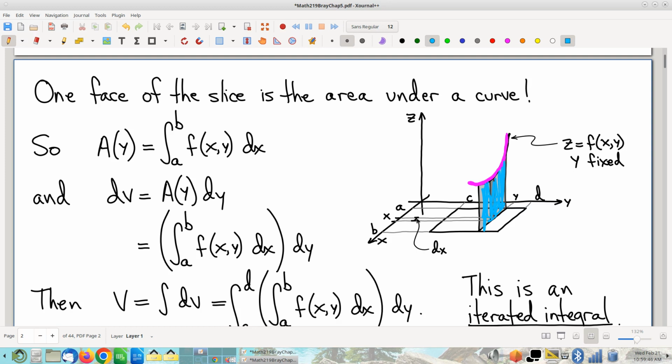Area under a curve. Now, wait a minute. We need for that curve to be a graph. Okay, so is this curve a graph? Well, in fact, yes, it is. This curve is a graph with the understanding that we are fixing a value of y that is not allowed to change and therefore is a constant, and therefore, as far as this area is concerned, not a variable, right?